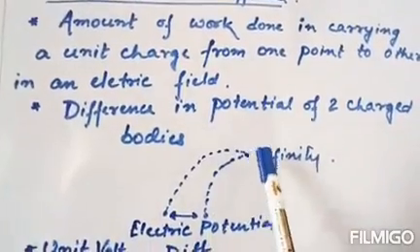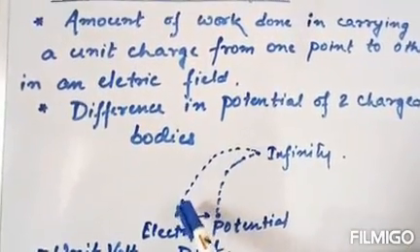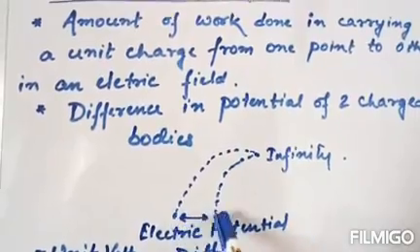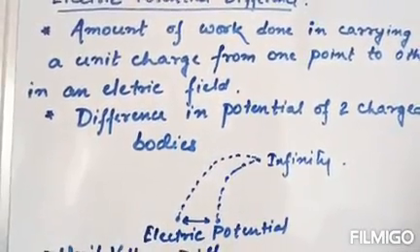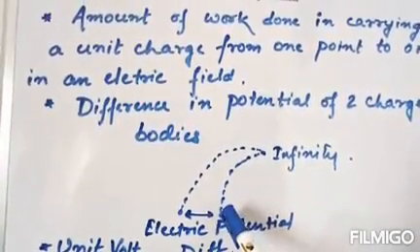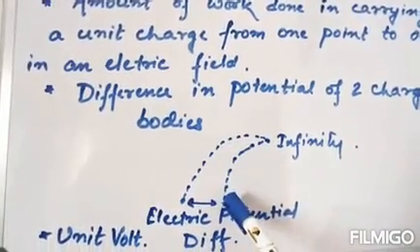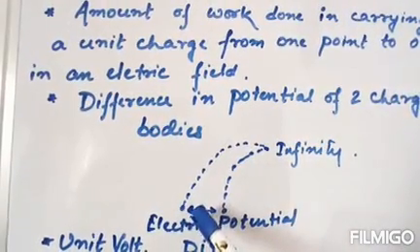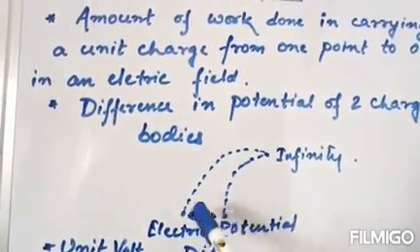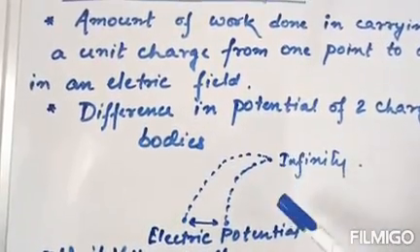This one has done some work to bring the charge, and this also has done some work to bring the charge. The difference of that potential is known as potential difference.